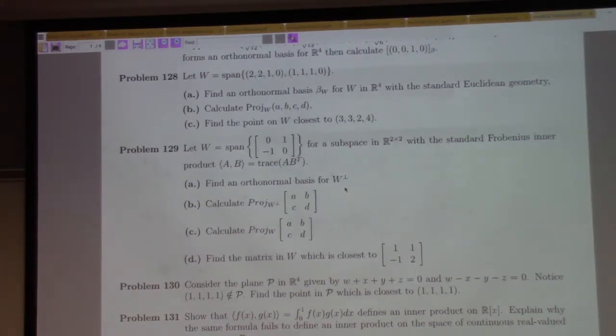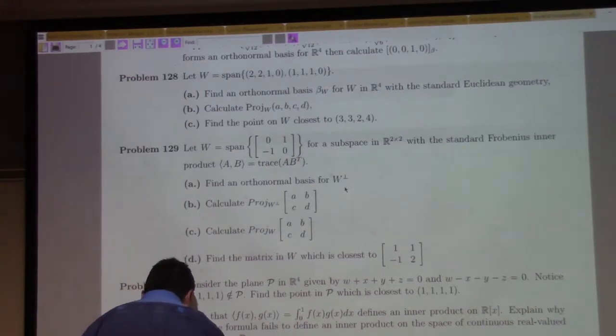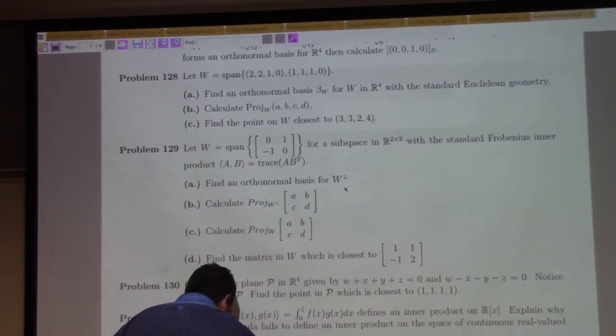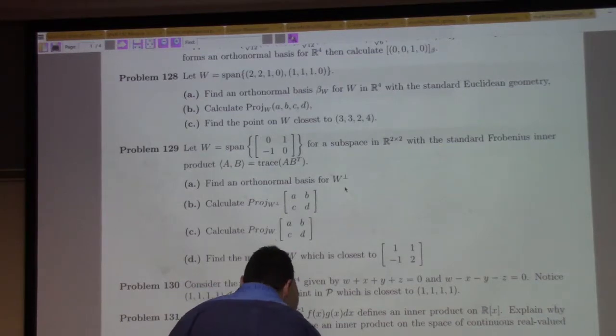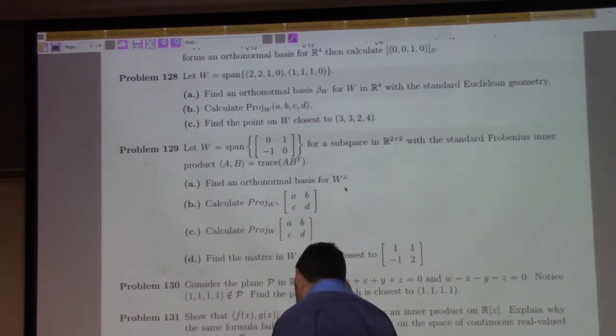A times 0 plus B times 1 plus C times minus 1 plus D times 0. That's the way the Frobenius product works. You multiply corresponding entries of the matrix, right? What I'm trying to say is the inner product of A, B, C, D with 0, 1, minus 1, 0 is equal to just B minus C, right?